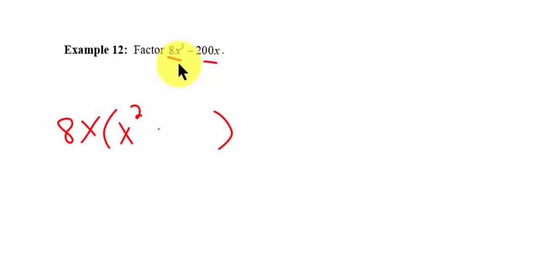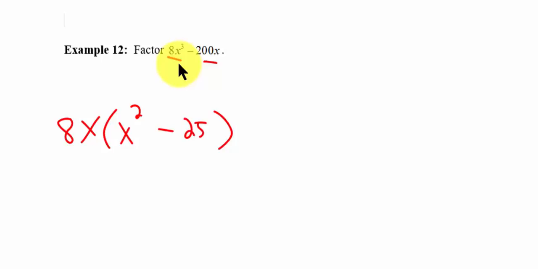All right, number 12, we have a little bit of work to do first. We don't have a squared minus b squared, but if we factor out an 8x, we might be able to use that formula. So I'm going to write the 8x on the side. And what are we left with inside? If I divide each term by 8x, I'm going to be left with x squared minus 25.